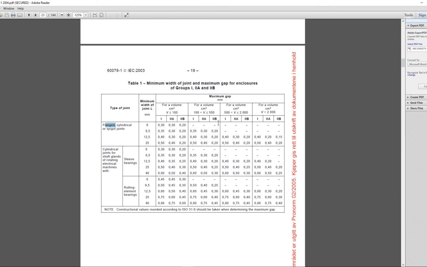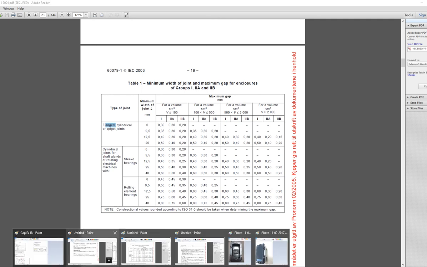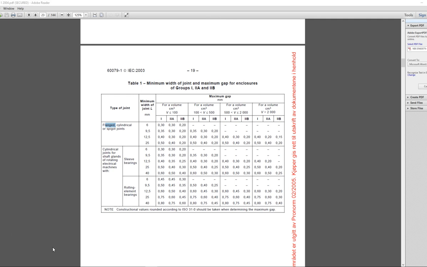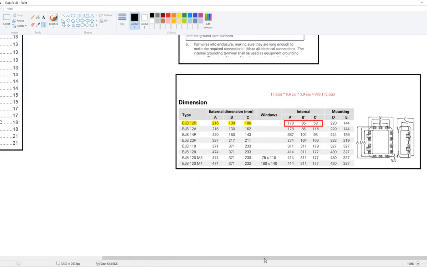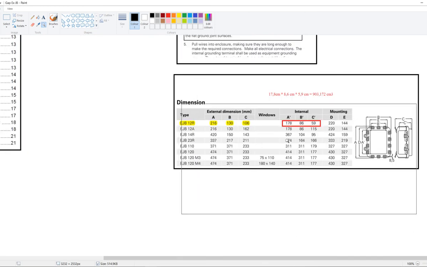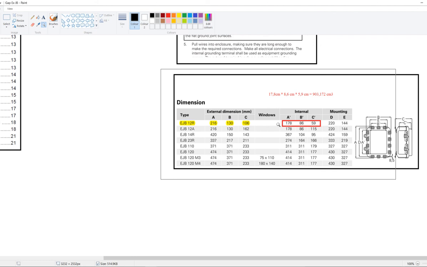Next step, you have to look at the volume of the enclosure. Either you measure it, or you can have a look at the technical documents. I saw it in the technical document and the instruction manual.